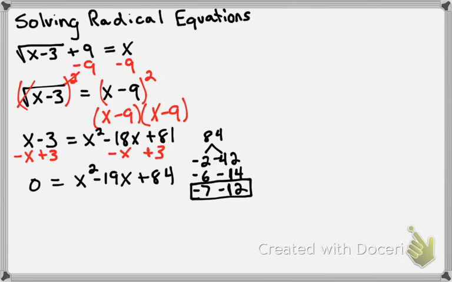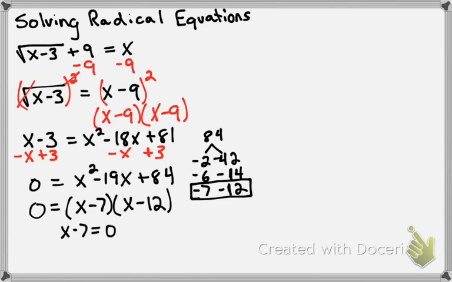So that means the right side is going to factor into x minus 7 and x minus 12. Once you've factored a quadratic, you take each individual term and set them equal to 0. So that gives us x equals 7 and x equals 12.